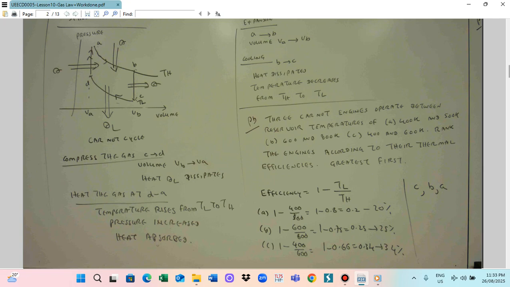20%. And for B, it is 1 minus 600 by 800. So this is 1 minus 0.75, so 0.25 or 25%. And for C, 1 minus 400 by 600.